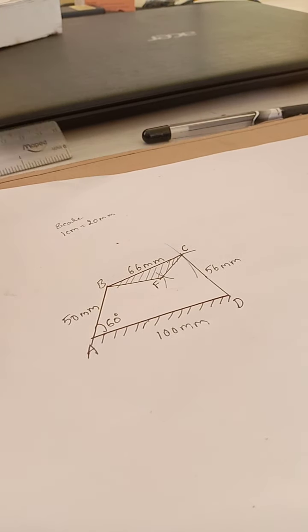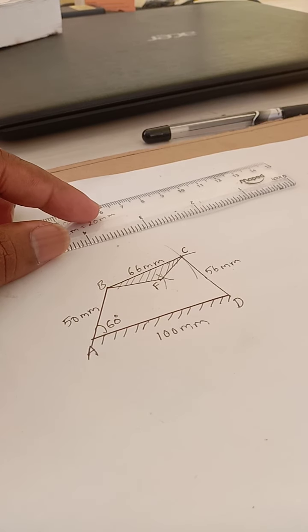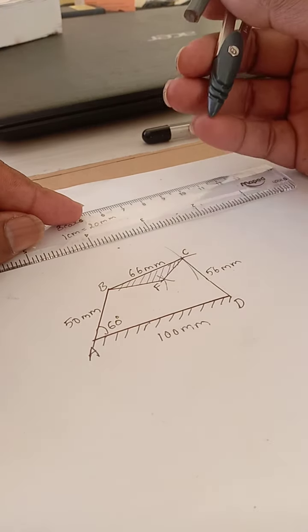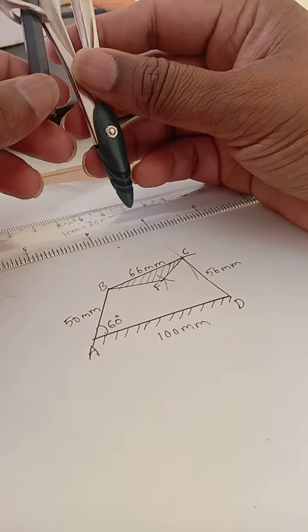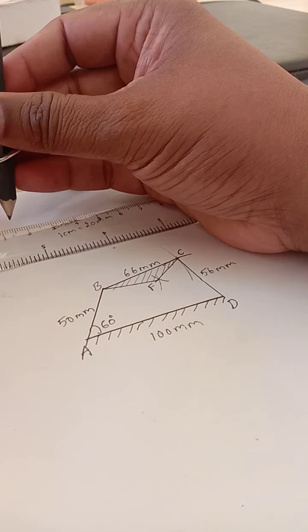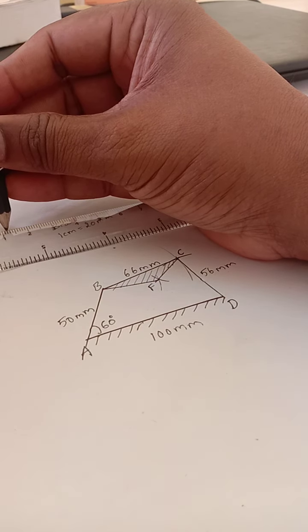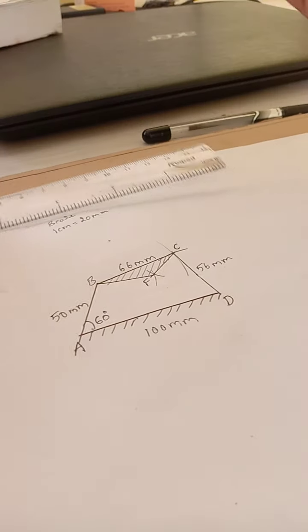For that, again, the lengths are given. CG is 24 mm. So I have to take 12 mm here, because mine is a 1:2 scale configuration diagram.